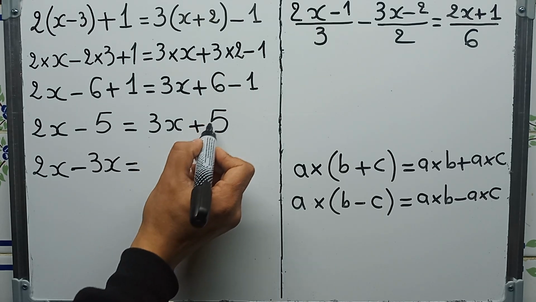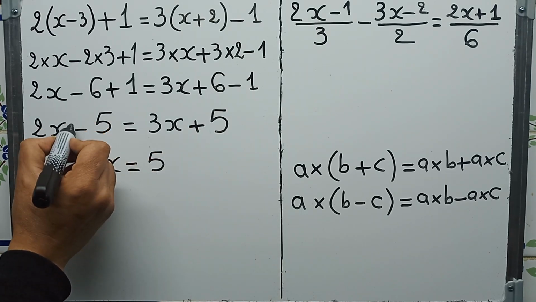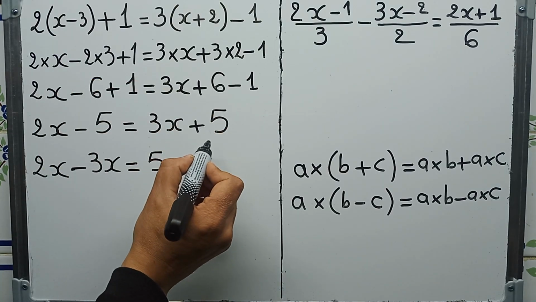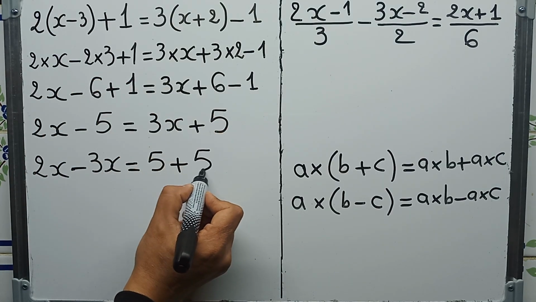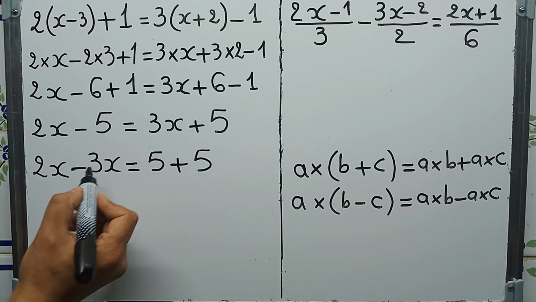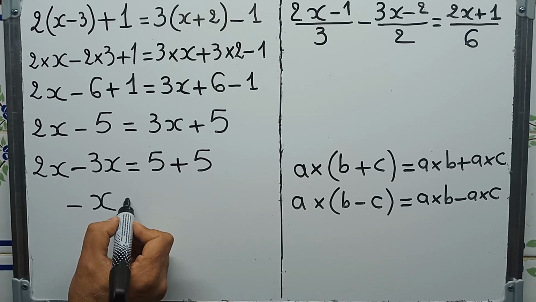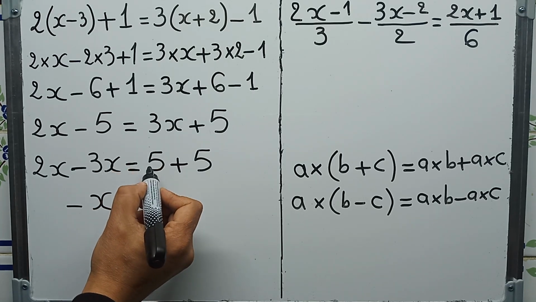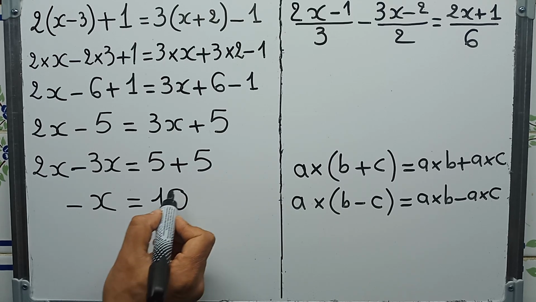Here we have 5 in its place, but this minus 5 will travel to the other side and become plus 5. Now 2x minus 3x is simply minus x, equals 5 plus 5, which is 10.